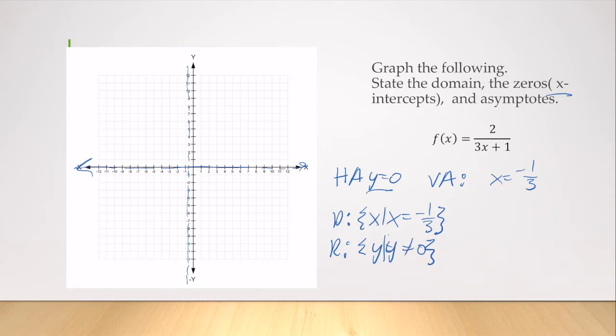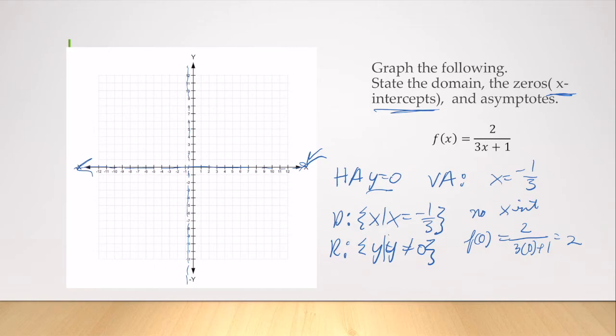It's not going to have any x-intercepts, right? It can't have any x-intercepts because it can never cross the x-axis where y is 0. So no x-intercepts. But it could have a y-intercept. So our y-intercept is when x is 0. So if I plug in 0, f of 0 equals 2 over 3 times 0 plus 1, which is 2.